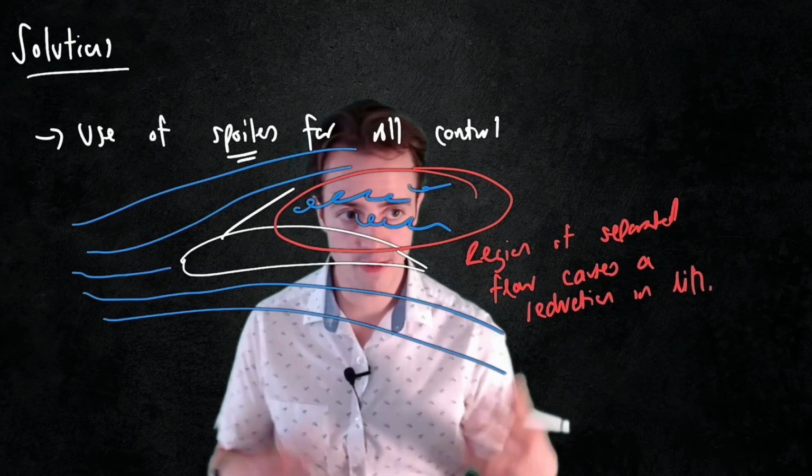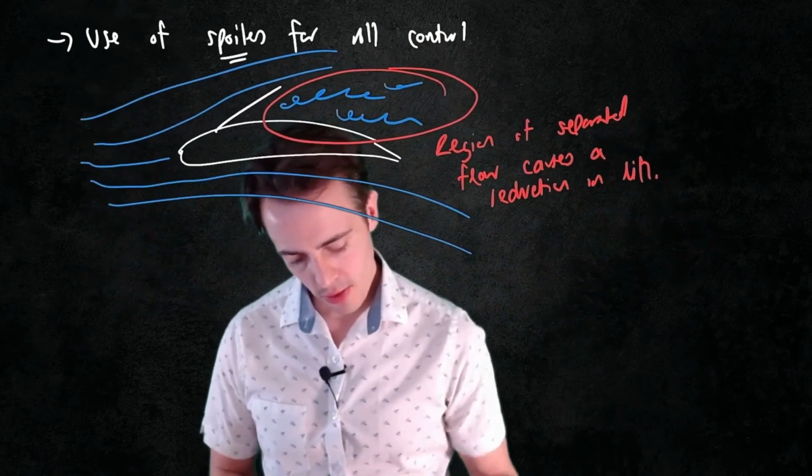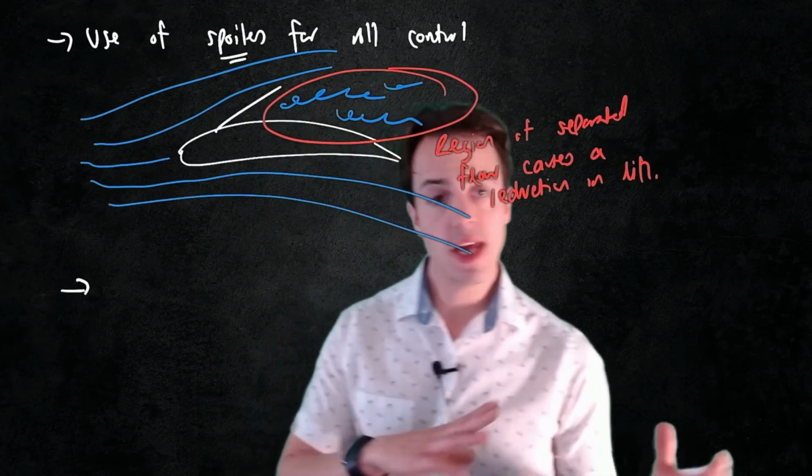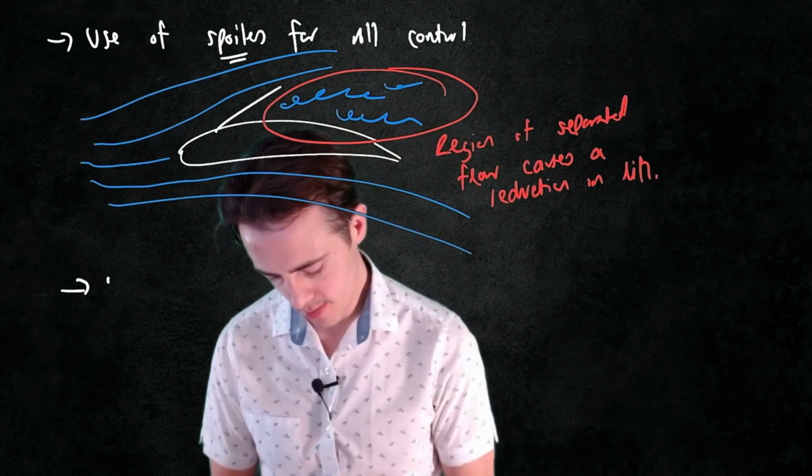This region of separated flow causes a reduction in lift. We also can have certain aircraft that have some inboard ailerons for high-speed roll control.